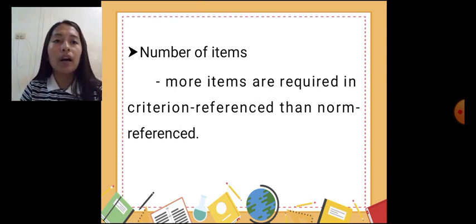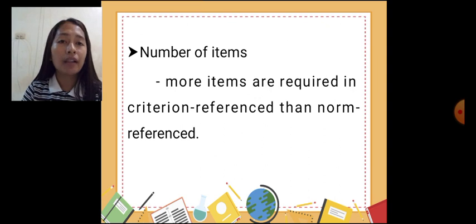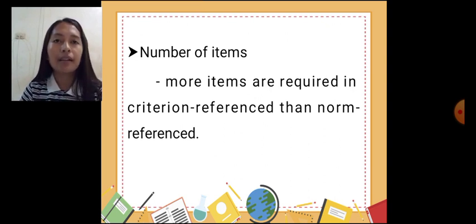So the number of items required in criterion reference is larger in order to measure student performance. That's all.